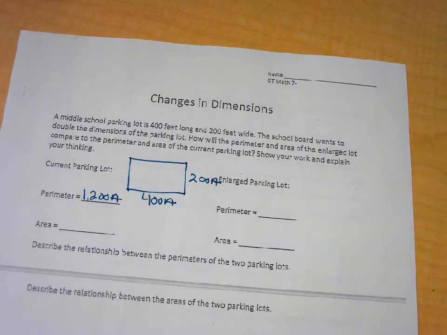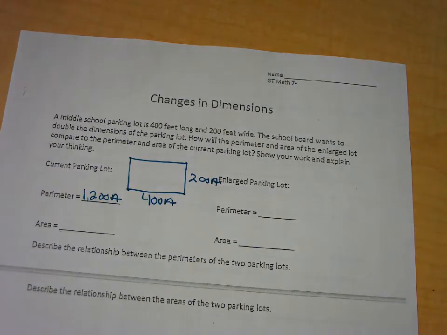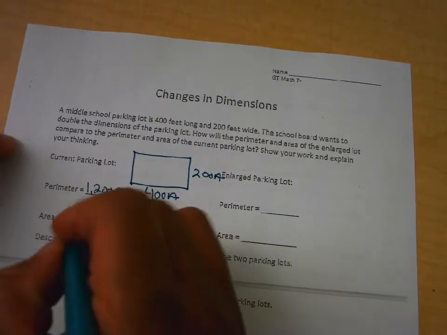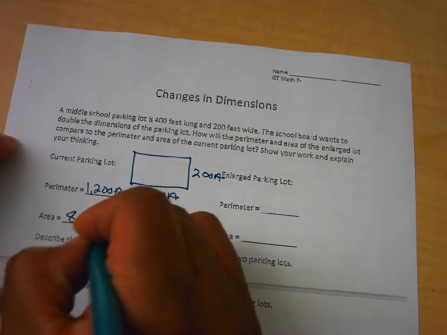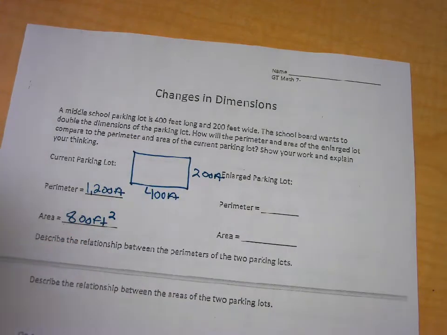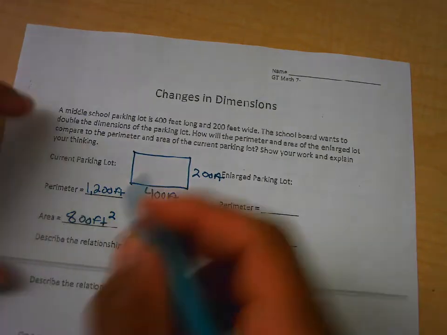1,200 feet. Now the area is base times height. So it's going to be 400 times 200. What is that? 800. So this is 800 feet squared. So the perimeter is 1,200 feet. It's 1,200 feet around. Yes. Eight. I'm sorry, I didn't mean to put 800.